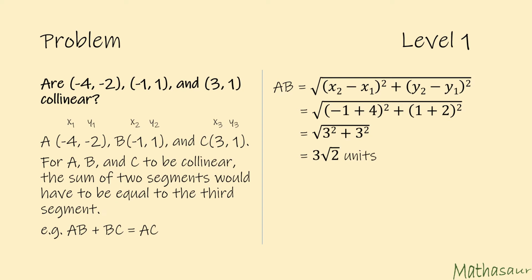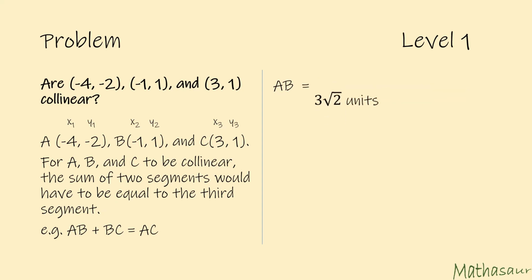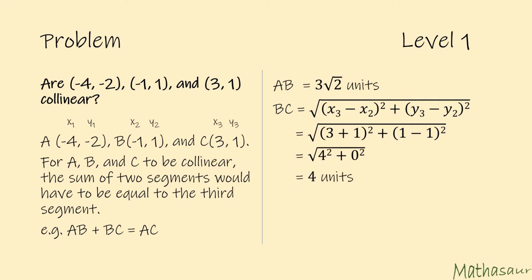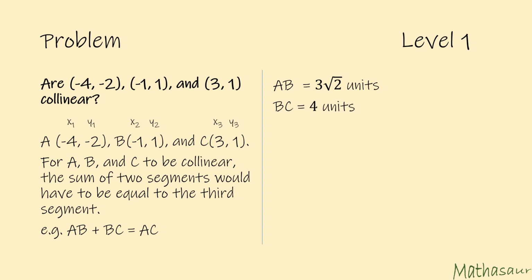And we get AB equals 3 times root 2 units. Similarly, let us find BC. We get BC as 4 units. Now let us apply the same formula for the segment AC.